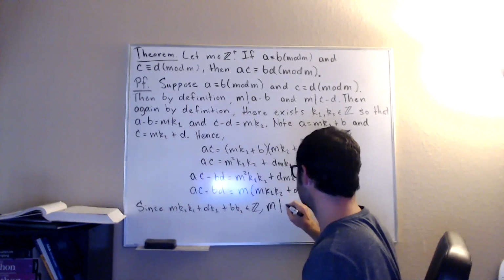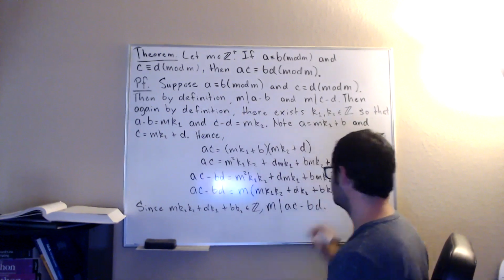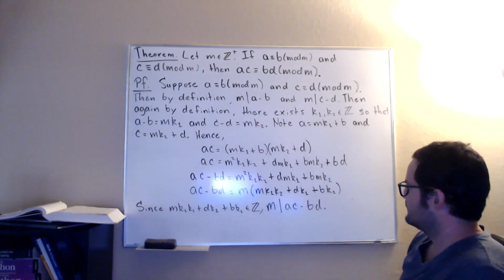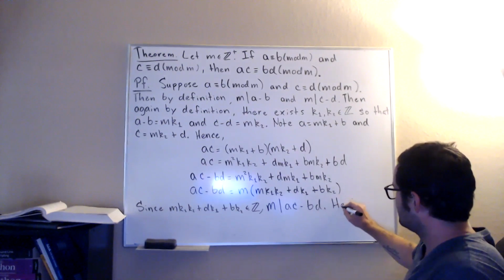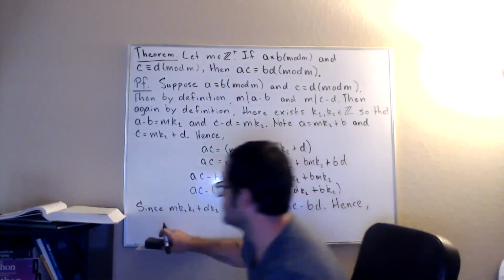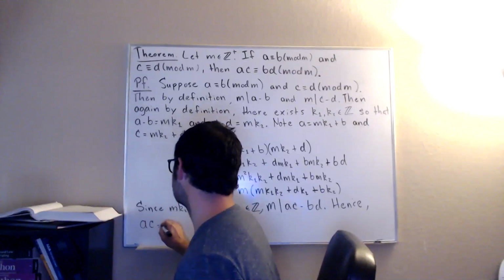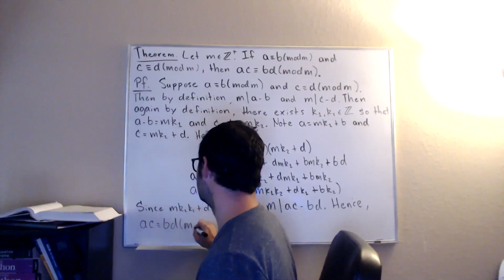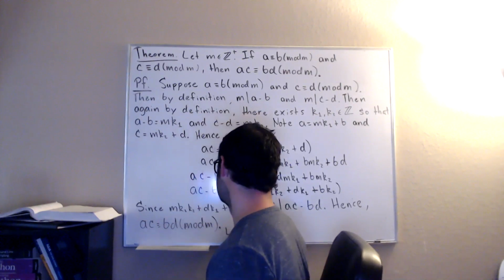M divides AC minus BD. Hence, we can say that A times C is congruent to B times D modulo m.